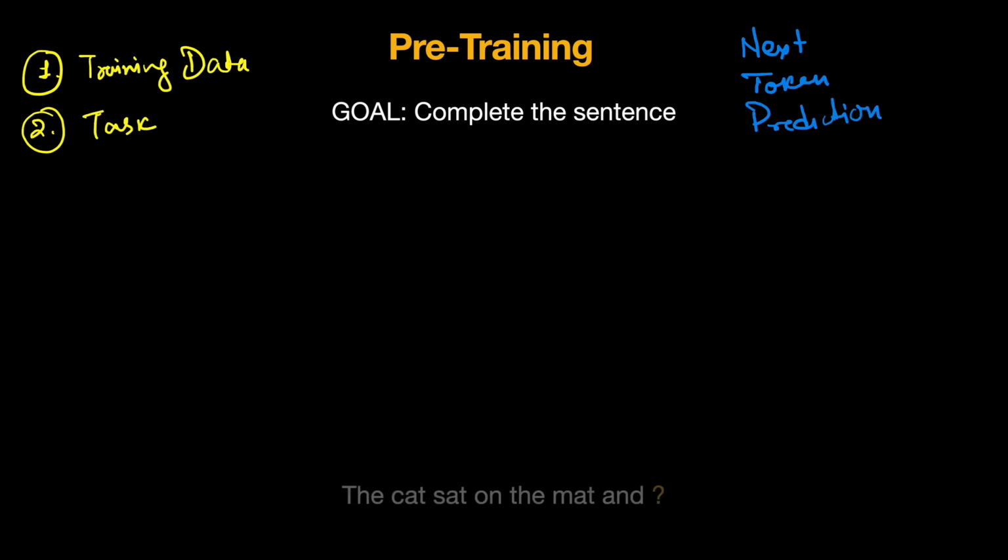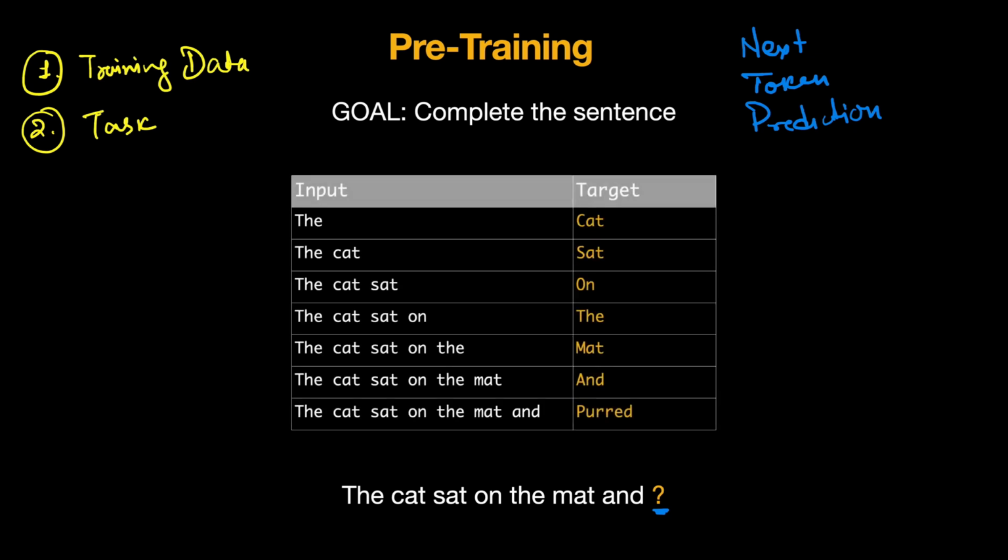And here's how it works. The input to the model during training is a partial sentence, and we ask the model to predict the next token. We can take this one step further and can use the same sentence to create multiple training examples. This means that if the input is "the cat sat," the next token that we want the model to predict is "on."